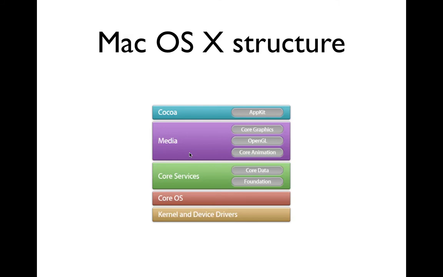This is not the purpose of this course, but Foundation is the framework that deals with numbers, with simple operations, with stuff like dates, simple 2D structures like points, rectangles, squares, etc. And then we are working most of the time in this course with Cocoa. And Cocoa is the layer that works with all those visual elements on your screen, like windows, buttons, sliders, text fields, labels, etc. So basically everything you see on my screen right now is somehow from Cocoa.